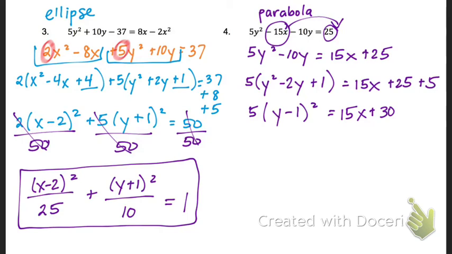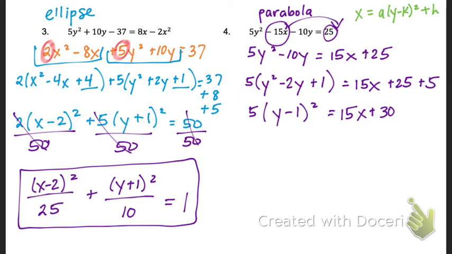Now, looking at the original, remember we wrote 2 of them. If this was an x equals equation, the one that we're trying to match is x equals a times y minus k squared plus h, right?